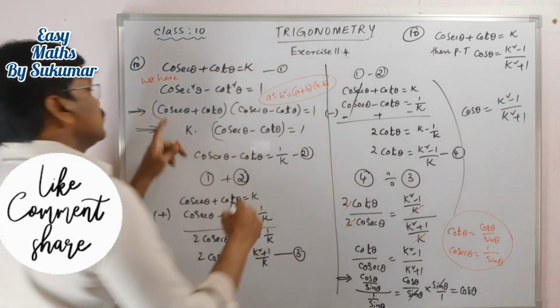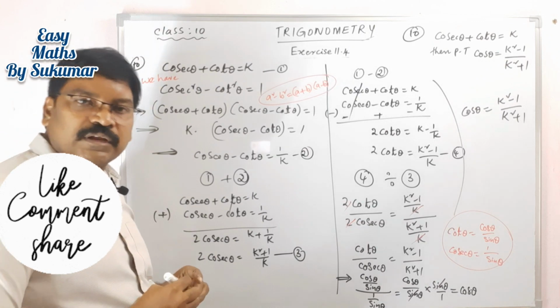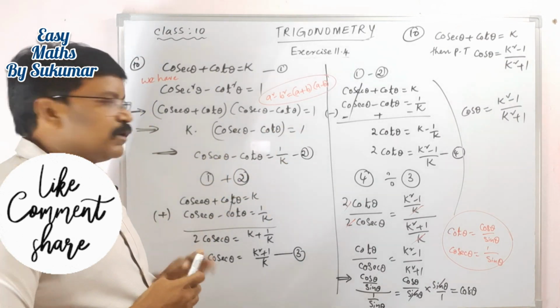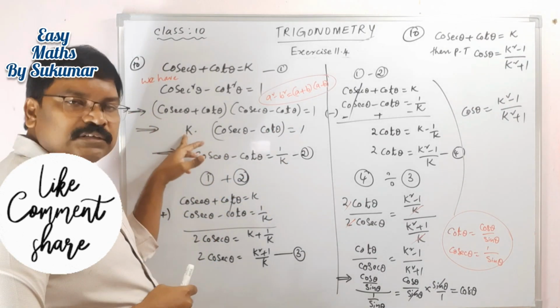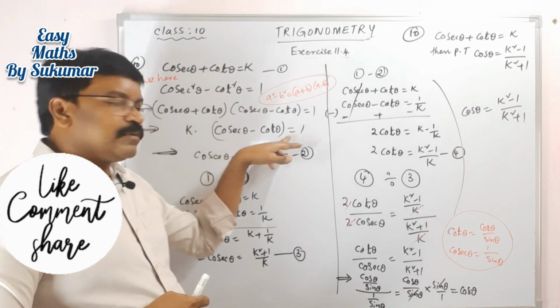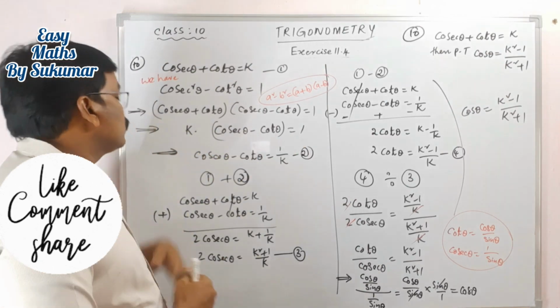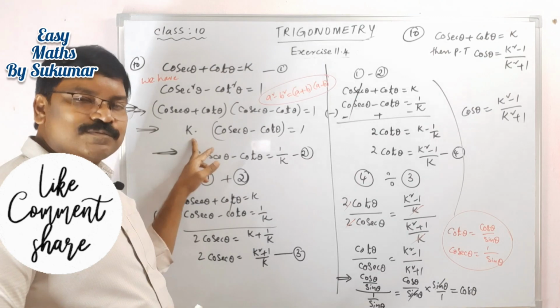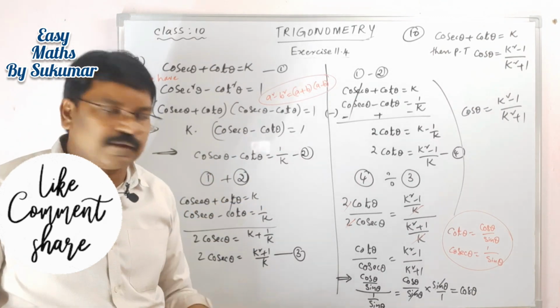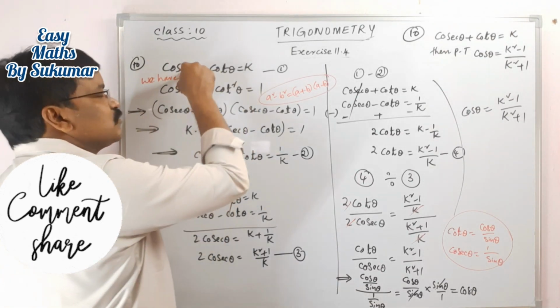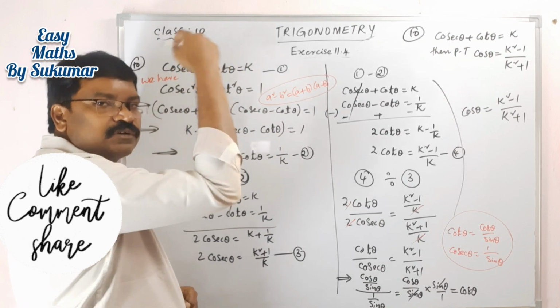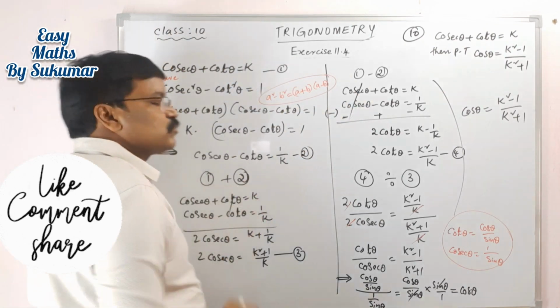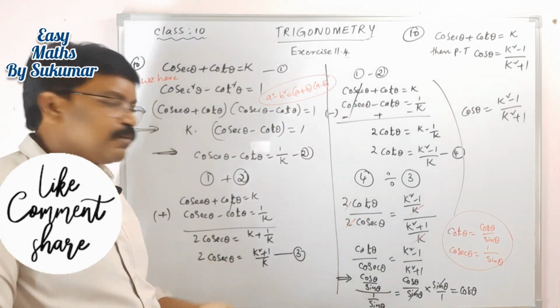That means cosecant theta plus cot theta times cosecant theta minus cot theta is equal to 1. But cosecant theta plus cot theta means k. So cosecant theta minus cot theta is 1 by k, just transposing k to the other side. So equation 1 is cosecant theta plus cot theta is equal to k. Equation 2 is cosecant theta minus cot theta is equal to 1 by k.